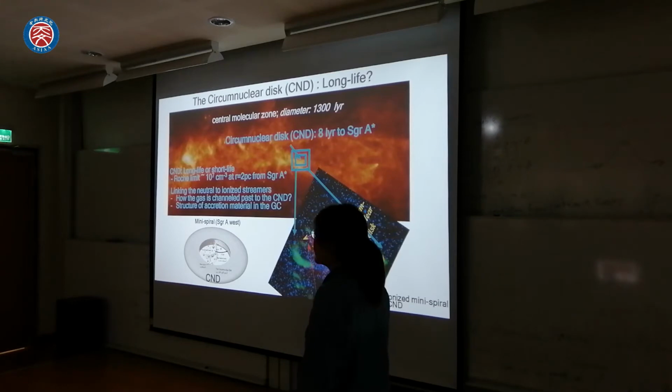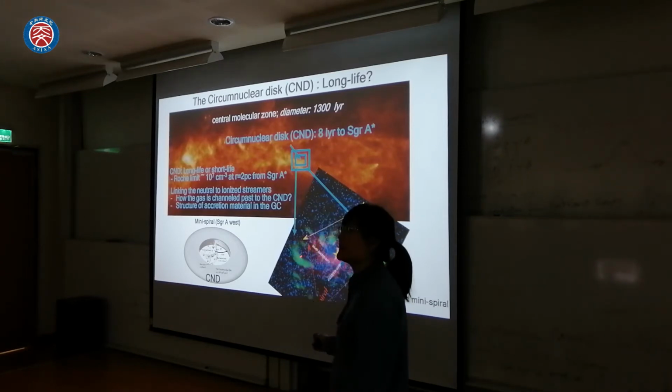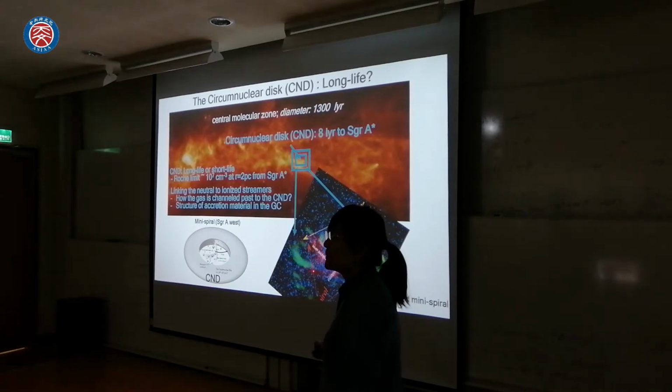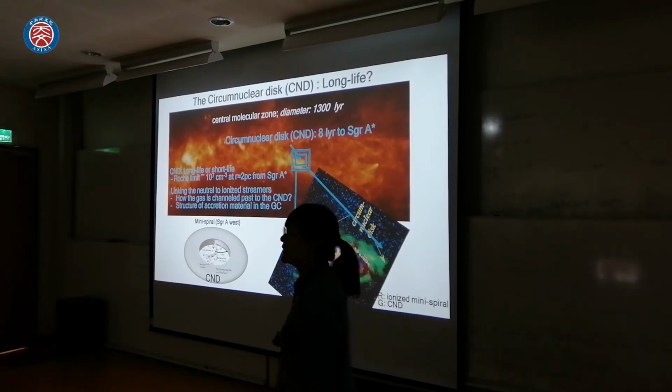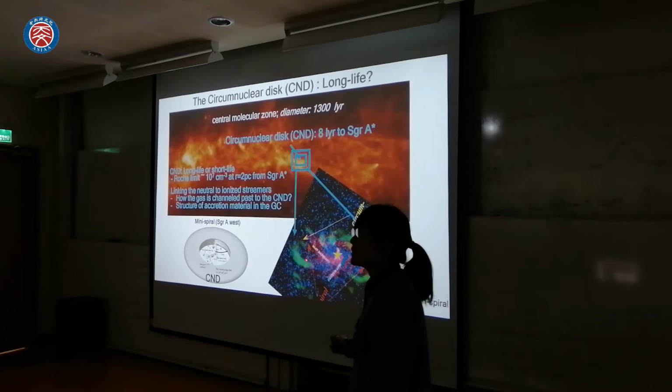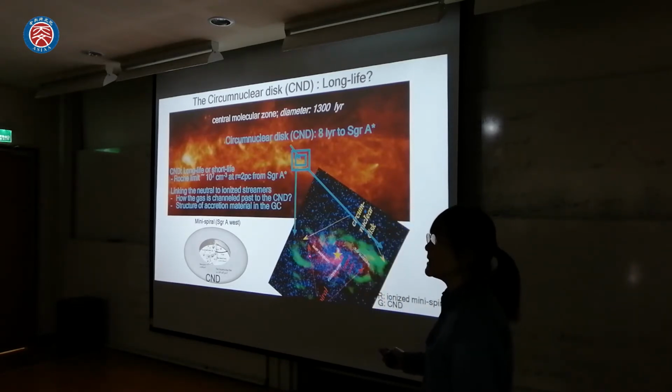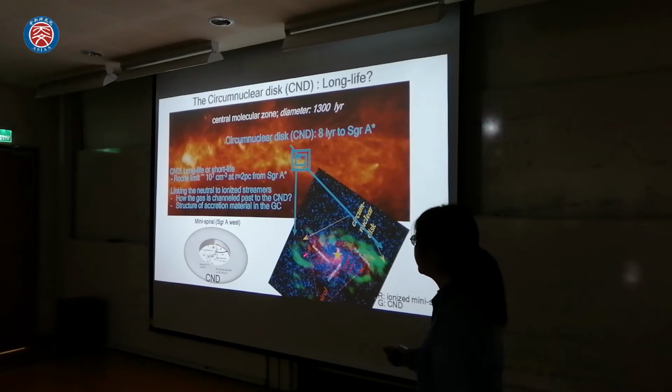Because the structure is so close to the supermassive black hole, you would expect a huge tidal force here. If the gas density is not high enough to be gravitationally stable, then the molecular structure will be totally disrupted. So we would have a short-lived transient structure of accreting material around the supermassive black hole.